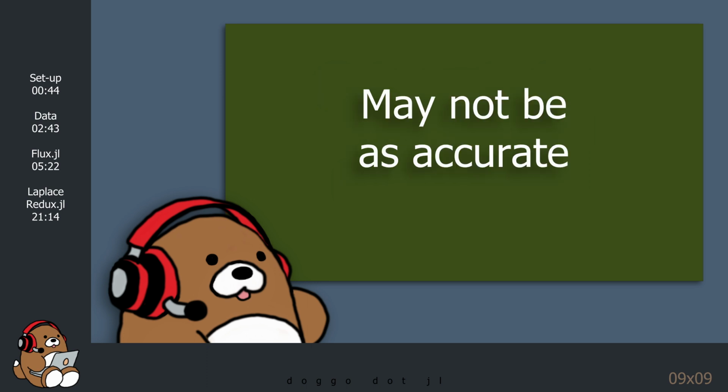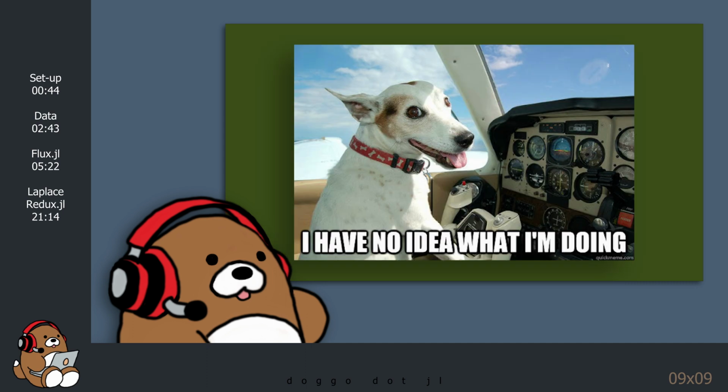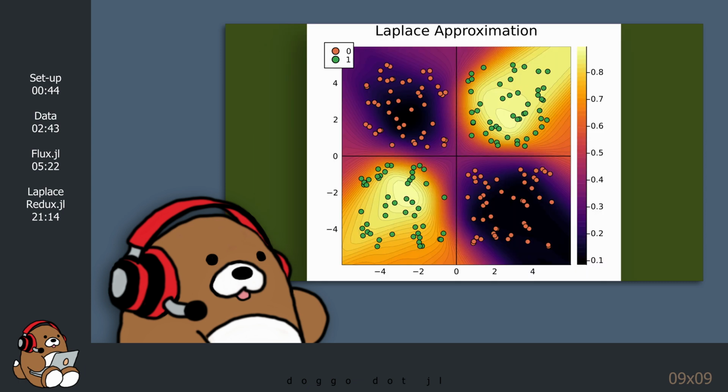In addition, the Laplace approximation is considered to be not as accurate as using the Markov chain Monte Carlo method. So those are some things to consider when contemplating the use of the Laplace approximation. With that said, when it does work, the results can be amazing.